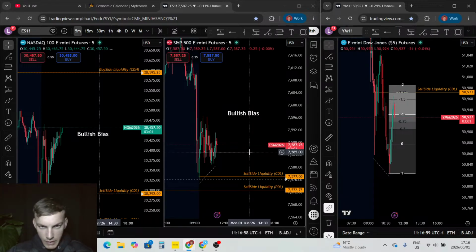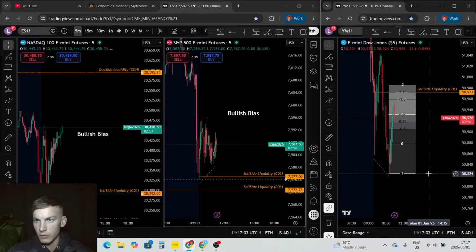We may just see a retracement on the Dow. That would be phenomenal. Truly phenomenal.